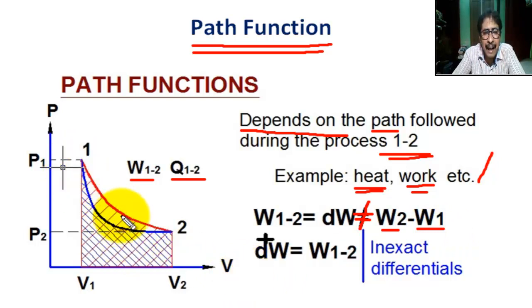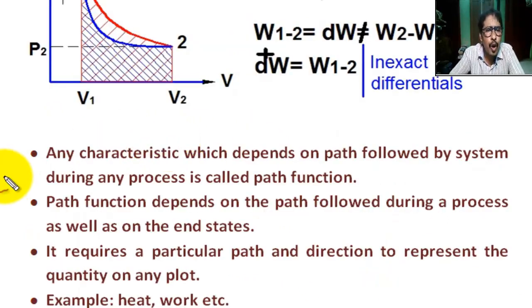It is find out area under the curve only. It is inexact differential. This is denoted by dW. Just we draw a line equal to 1, 2. Okay.